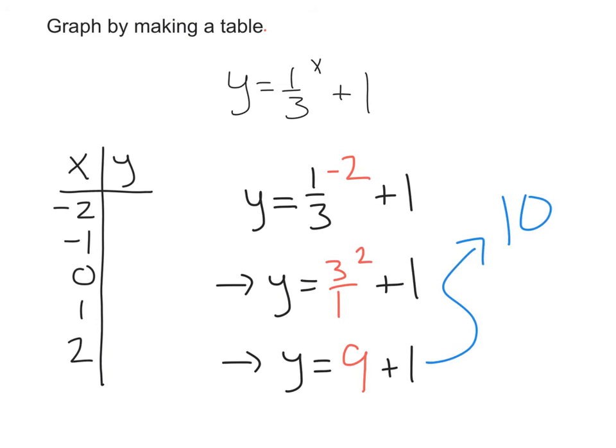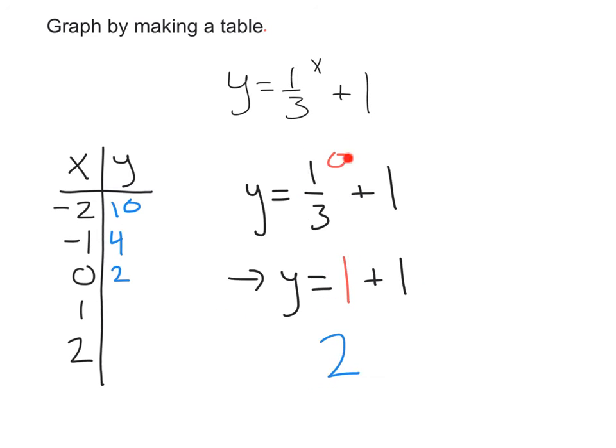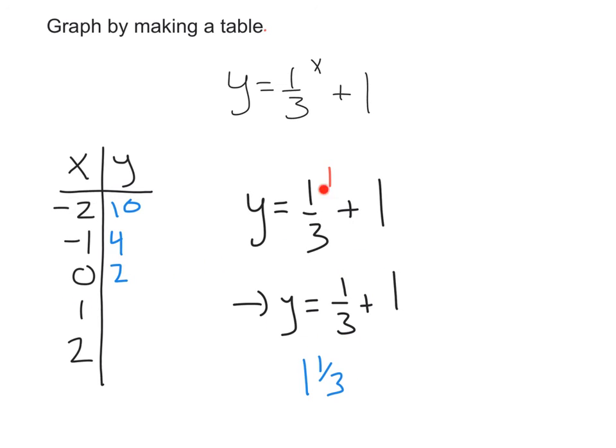I went ahead and did the next value, -1: (1/3) to the -1 power, reciprocal. That becomes 3 to the positive 1, which is 3, plus 1, 4. Taking x equals 0, we get (1/3) to the 0, which, anything to the 0 is 1. Then we get 1 plus 1, which is 2. Taking x equals 1, (1/3) to the 1 power is 1/3 plus 1.